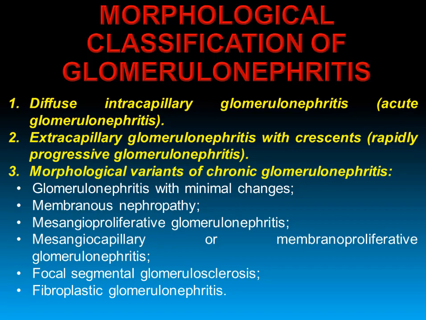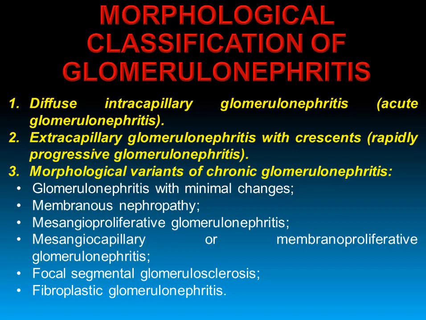Morphological classification of glomerulonephritis includes three main types. First type is diffuse intracapillary glomerulonephritis, which is called acute glomerulonephritis or acute post-streptococcal glomerulonephritis. Second one is extracapillary glomerulonephritis with crescents, rapidly progressive glomerulonephritis or subacute. And chronic glomerulonephritis, which includes a few morphological variants.